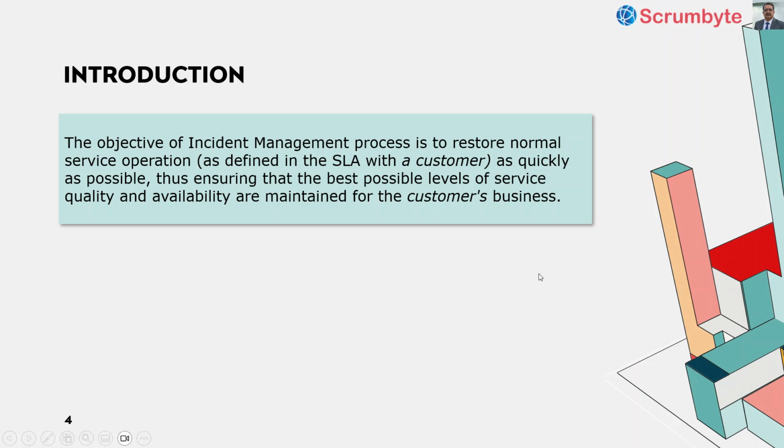What correctly means is defined as a contract between you and your customer. Whatever service you are promising your customer has to be restored when an incident happens. We'll look into what an incident is, but the idea is that the customer should not have any kind of a breakdown in service.